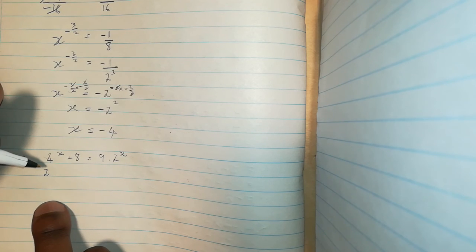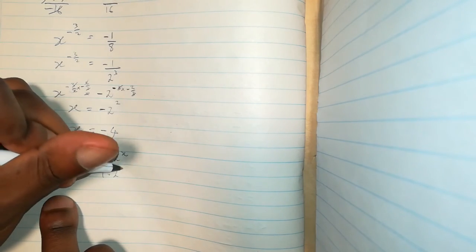First things first, you can see that you can change this 4 into 2. You can change this to 2 to the power of 2x, right? Plus 8, which is equal to 9 times 2 to the x. This can be seen as 2 to the x squared plus 8, which is equal to 9 times 2 to the x.